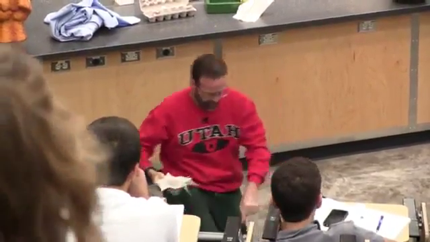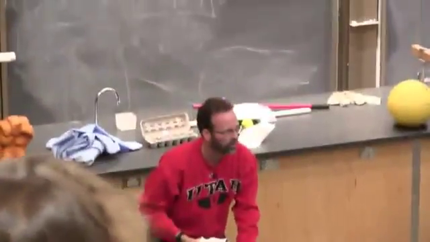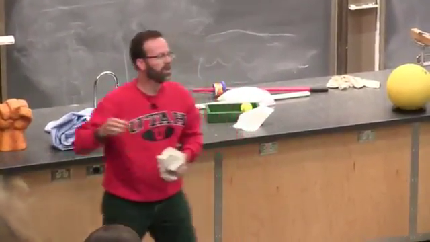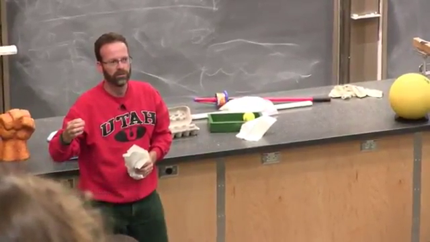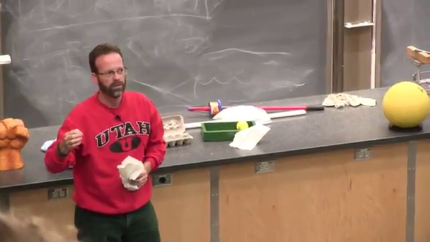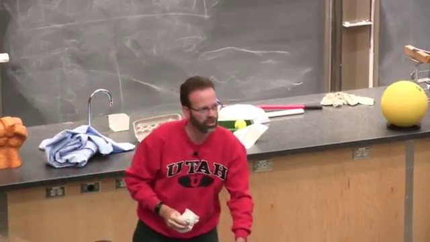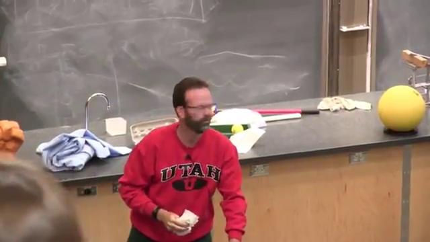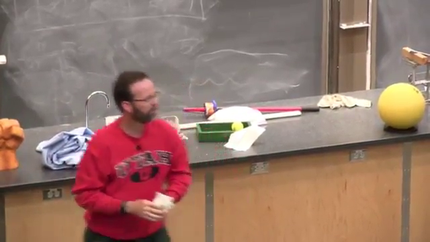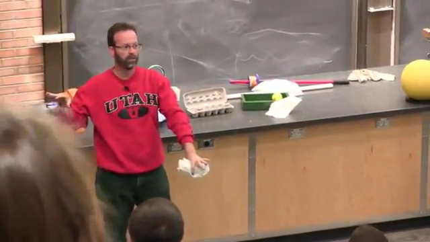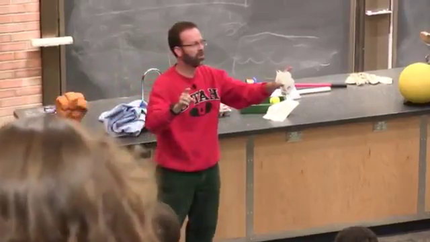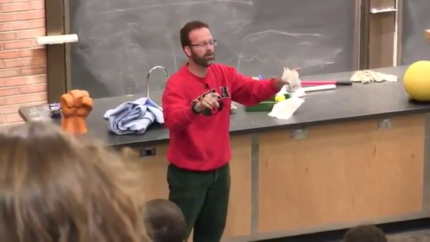How did the force the egg felt from the floor compare to the force it felt from the sheet? The force of the floor on the egg compared to the force of the sheet on the egg. They both stopped it, didn't they? So they had the exact same change in momentum, the exact same impulse.